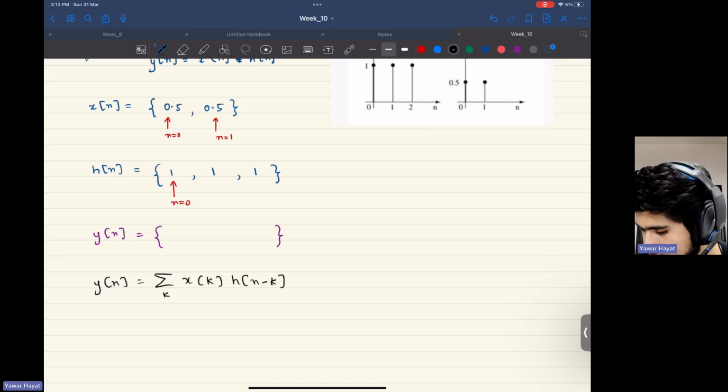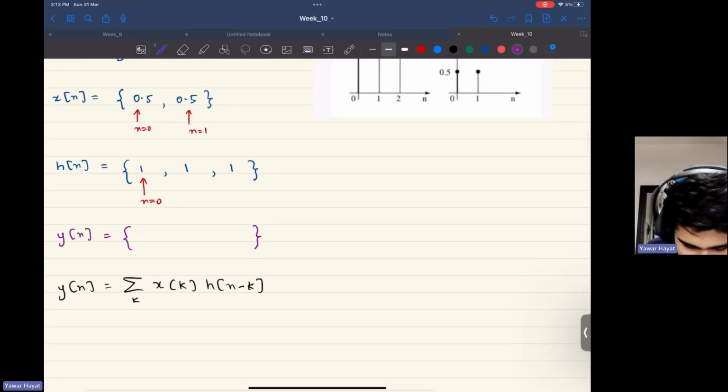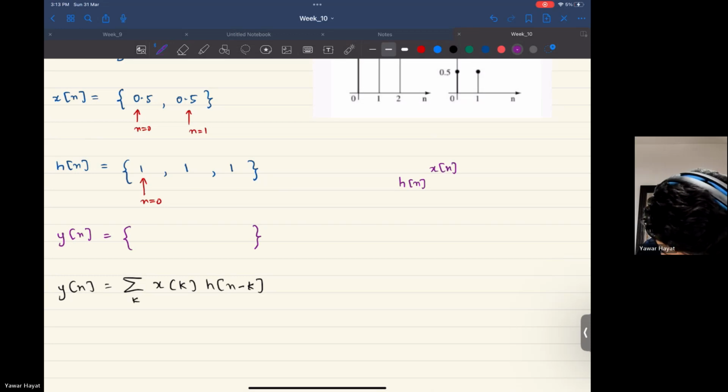We can either solve it using this, which is the discrete-time convolution definition, or we have a shortcut, which I'm sure must have been discussed in the lectures.